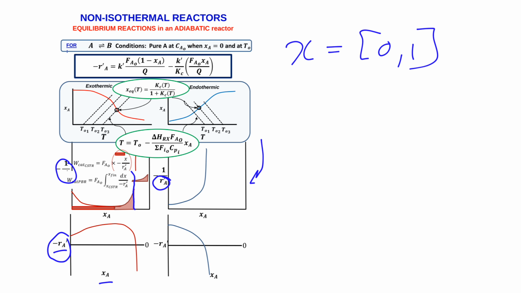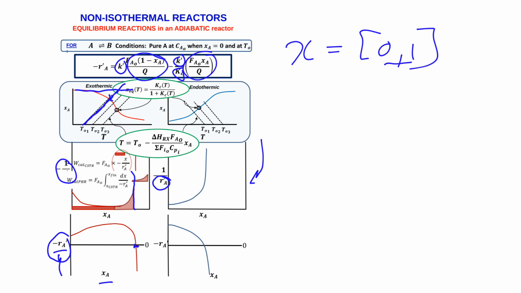So if you choose X anywhere, you can calculate for each X your temperature, and that temperature line is not going to stop where it must stop, remember, so it's going to just go all the way to X equal to 1. For each temperature you'll be able to calculate your parameters, and for each X you'll be able to calculate your concentration, and therefore your rate. And if you now plot that, you will find that you can see where the rate goes to 0, so that is actually your equilibrium conversion in your reactor.